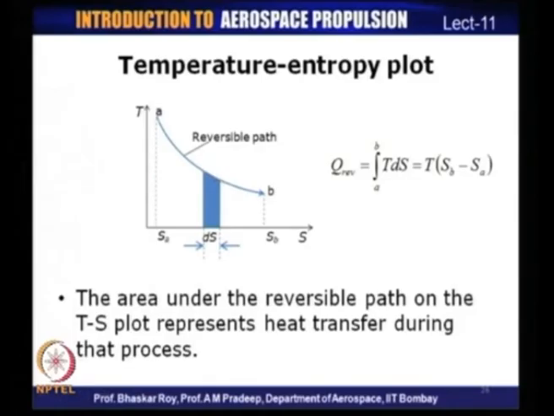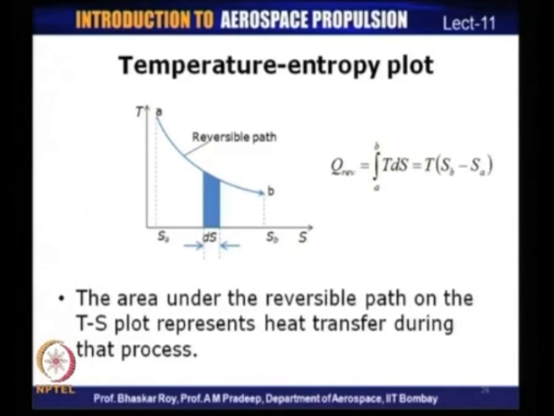You might recall that in the case of a PV diagram, the net area under the curve was equal to the net work done during the process. So, if the process is expressed in terms of temperature and entropy, or in a T-s diagram, then the area under a reversible path will basically represent the heat transfer that has taken place during this process.